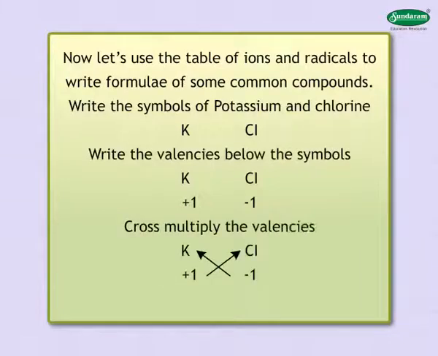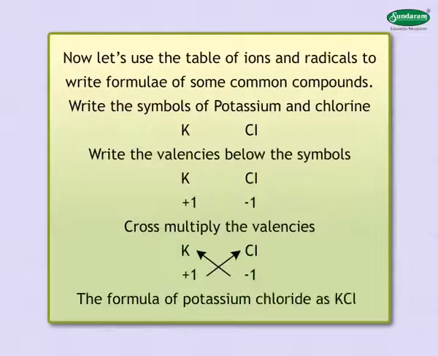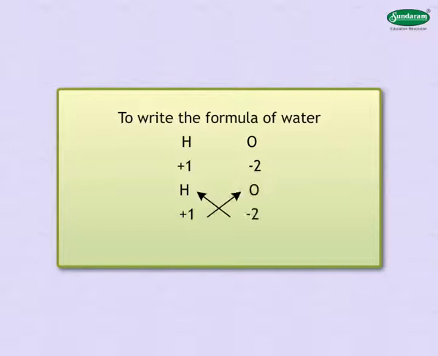Cross-multiply the valencies to get the formula of potassium chloride as KCl. To write the formula of water, first write the symbols of hydrogen and oxygen. Then write the valencies below the symbols. Cross-multiply the valencies to get the formula of water as H2O.